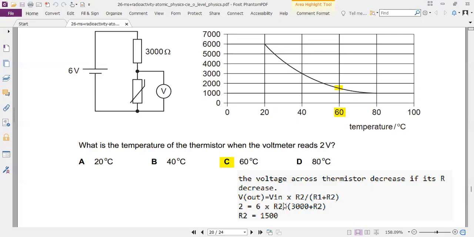So do this algebraic equation manipulation to find the value of R2 and you get 1500. Go on to the graph and place a dot on 1500. So 1500 is in the middle between 1000 and 2000. And go down, what you see the temperature is 60. So at 60 degrees centigrade, the resistance will fall down to 1500. So its voltage will give 2 volts output. Thank you.